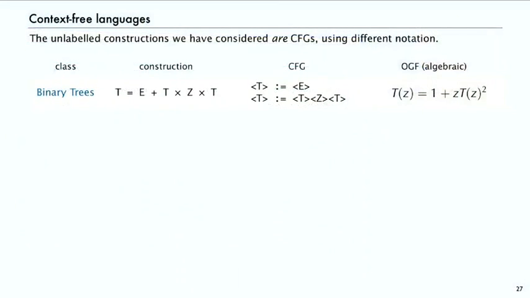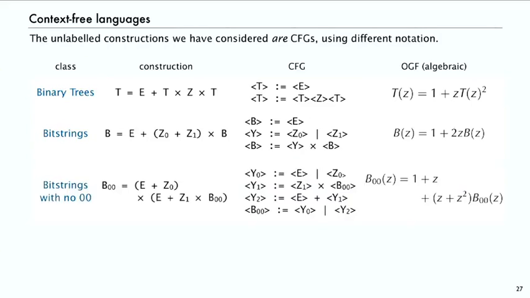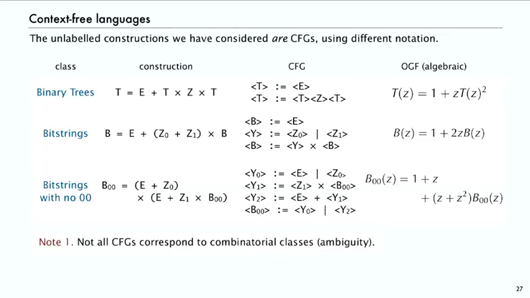It's an algebraic function because it's a solution to an equation like that. It can be recursive. So this is for bit strings, and it's a little more complicated to represent it as a CFG, but not that big a story. Really, it's just different notation, and bit strings with no 0 0, and so forth.